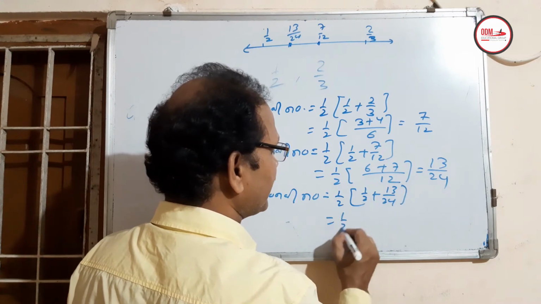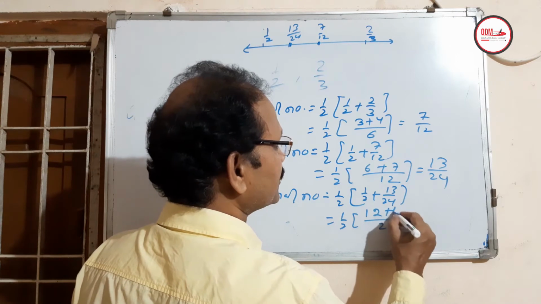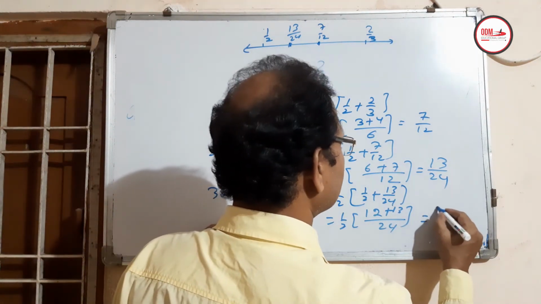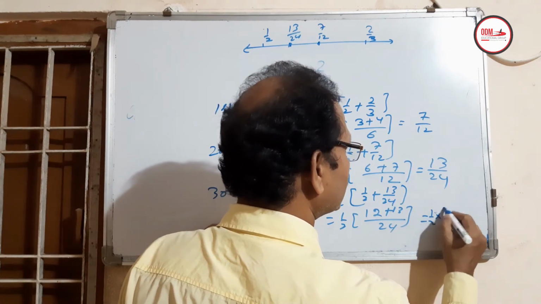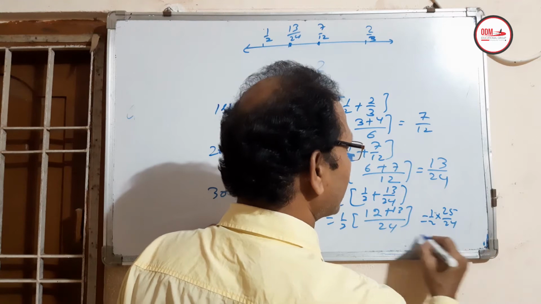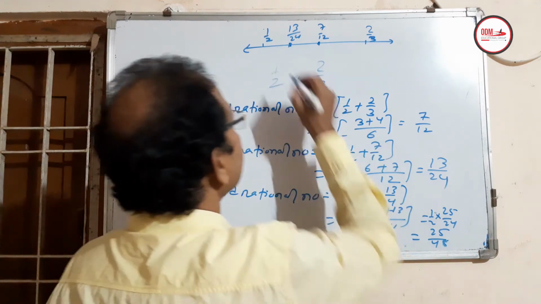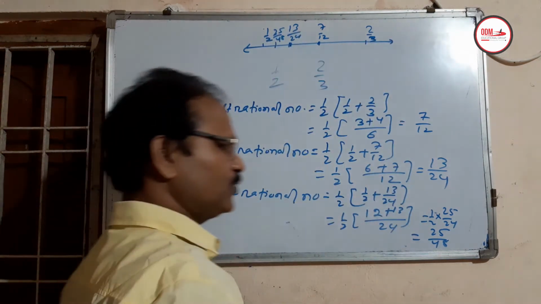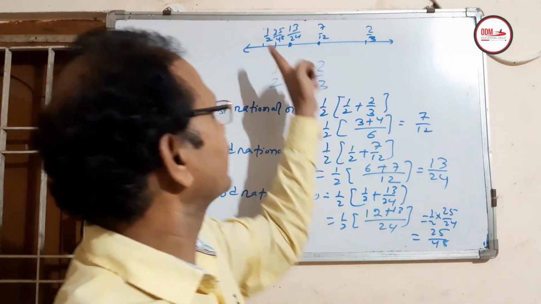So LCM is coming 24, this is 12, now this is 13. Now calculate it, you can get half of 25 by 24, means 25 by 48. Here 25 by 48. In this way, so many rational numbers you can find out in between the two given rational numbers.